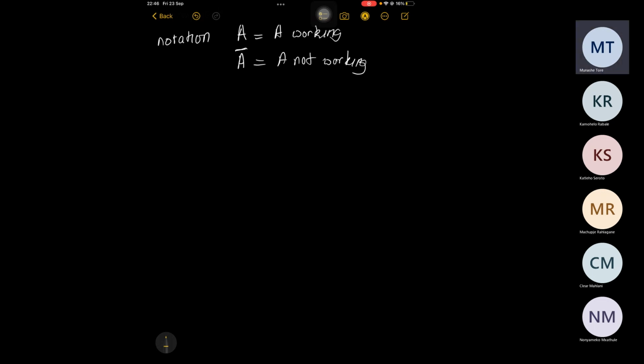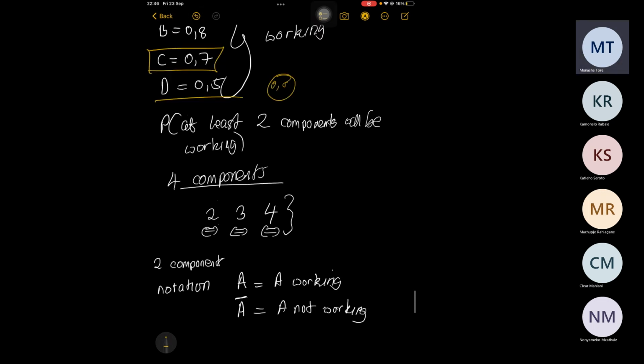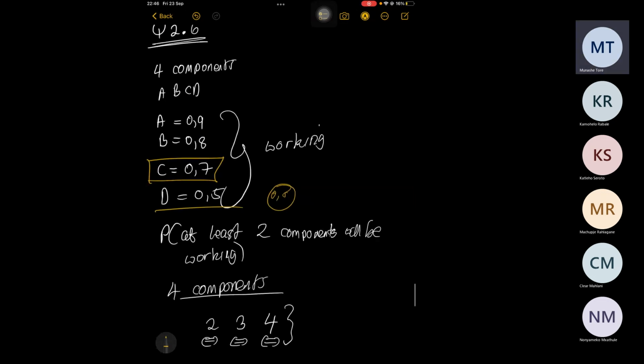Any more questions? Okay, we did 2 points. Can we not calculate this using counting methods? If you want to, you can, but there's one problem now. You are given respective probabilities of working for the individual components.